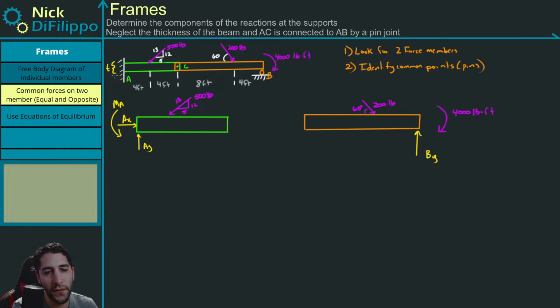But then we need to take into account common forces. And we need to see that point C is common on both of these free body diagrams. So this point C is the same as this point C. What that means is when we identify these internal forces, our first time we see it, it could be either one. I'm choosing the member AC. We have a free choice on how we set its internal forces. So it's a pin joint.